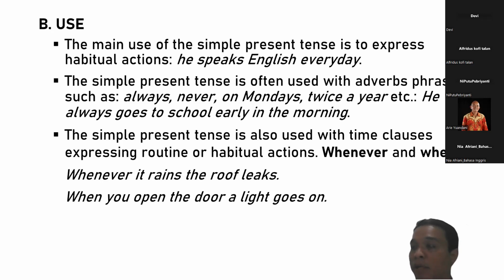Whenever and when. For example, whenever it rains, the roof leaks. When you open the door, a light goes on. So here, whenever and when can be used with the simple present tense.